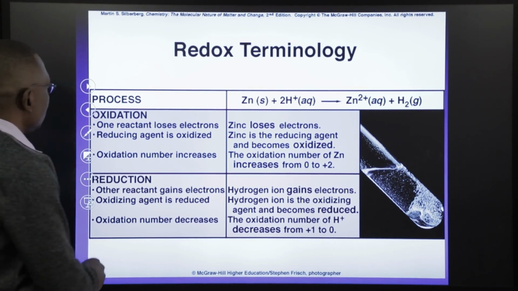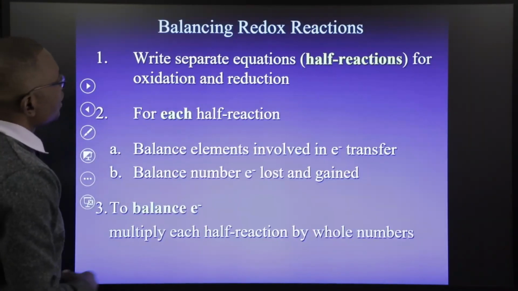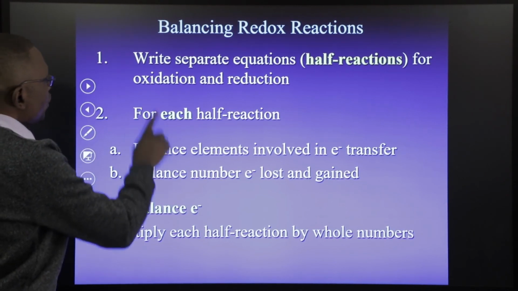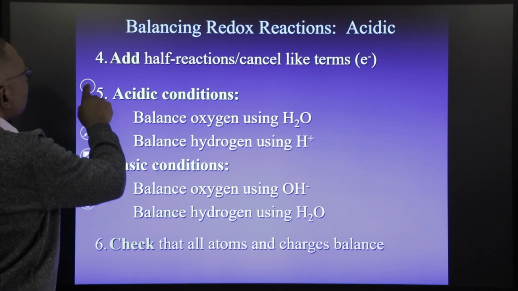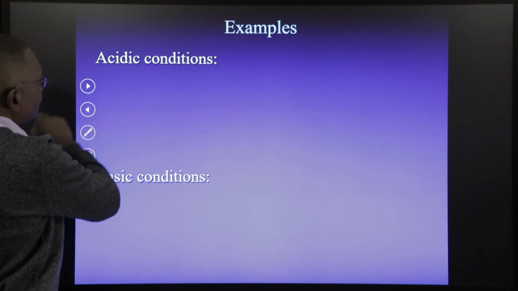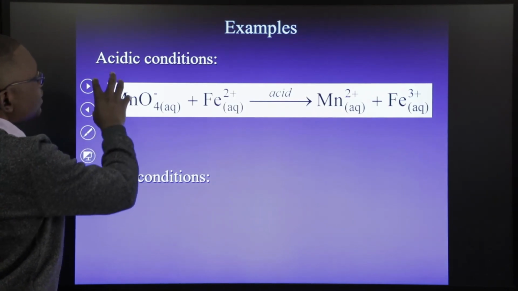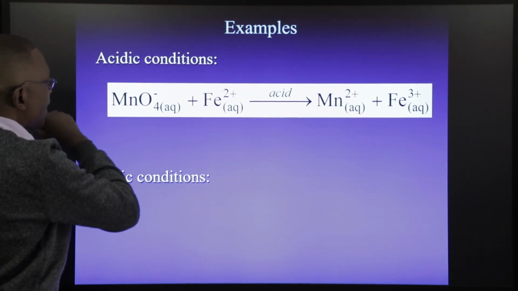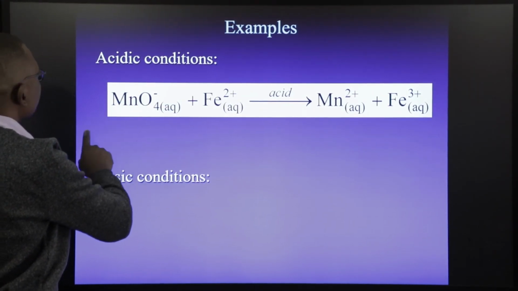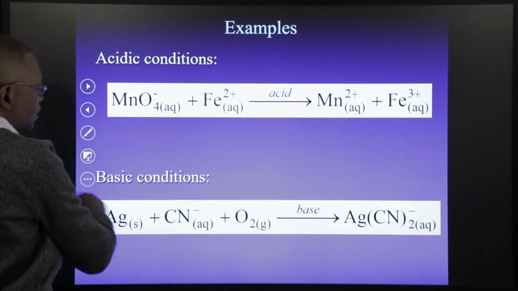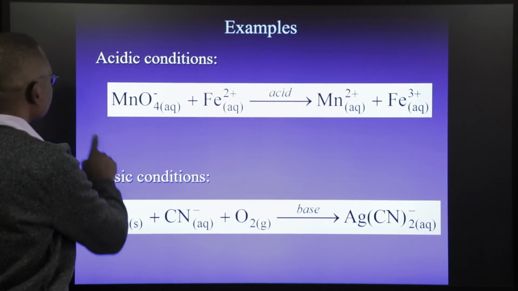The reaction resulted in the liberation of hydrogen. We already talked about balancing equations and half equations, and we emphasized what happens in acidic conditions and also in basic conditions. So I'm not going to repeat this.